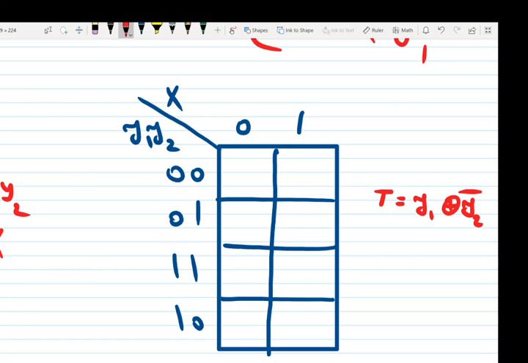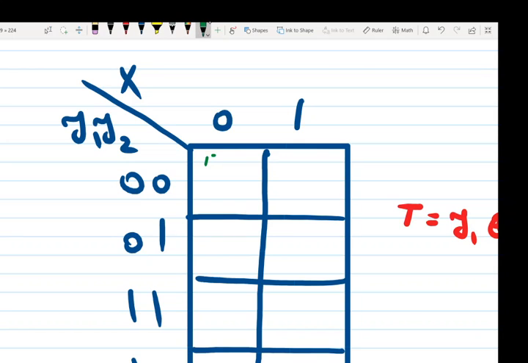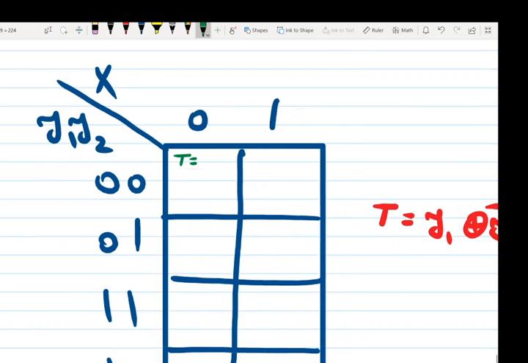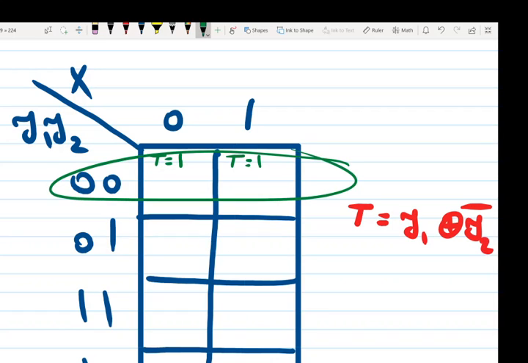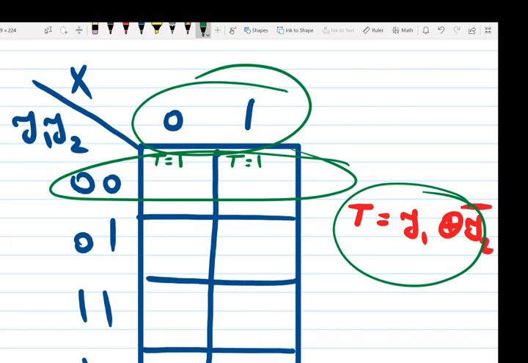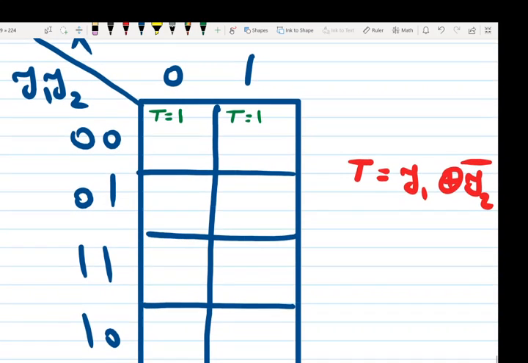T for the first cell: Y1 is 0, Y2 bar is 1, so 0 XOR 1 means 1. T for the next cell is the same, because they are in the same row. T is independent from X, so it only depends on Y1 and Y2.